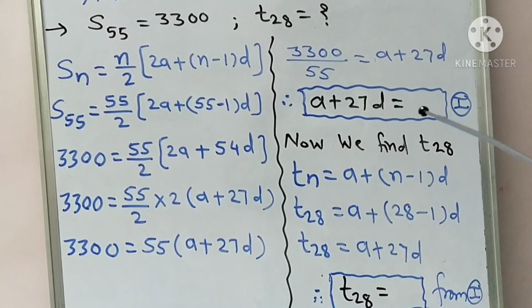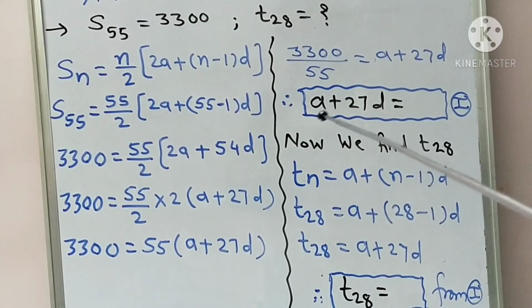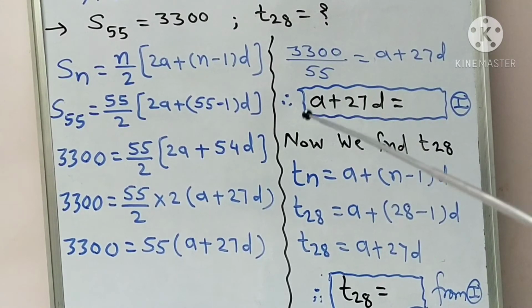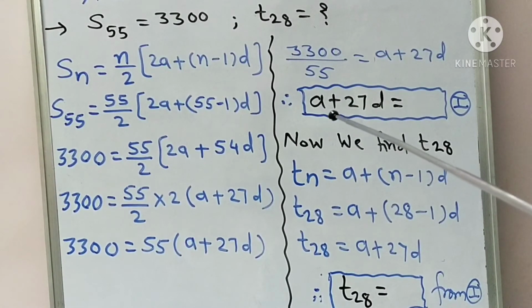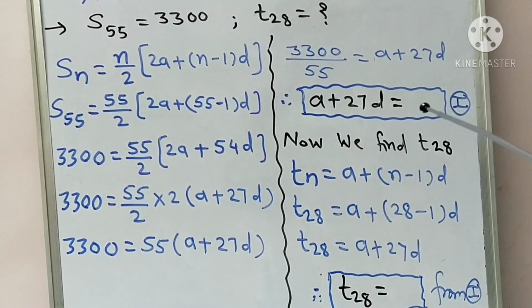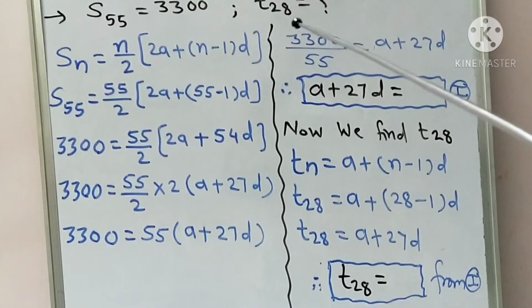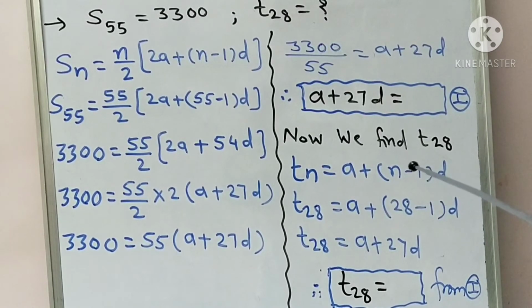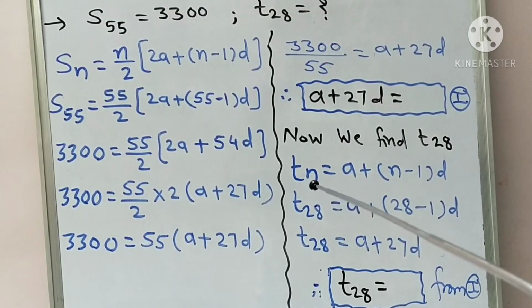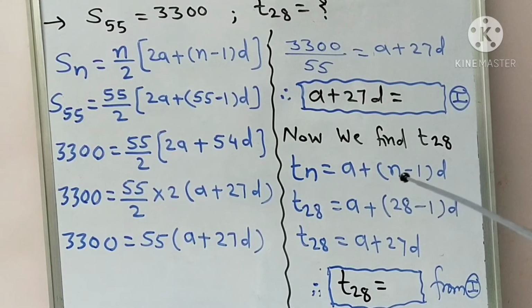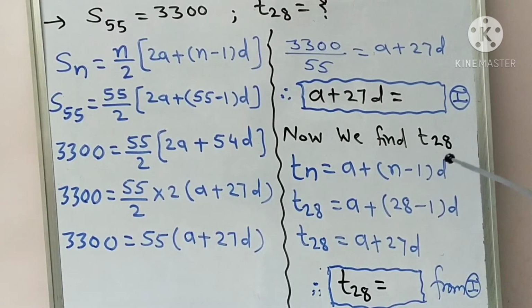Hence we get one equation here: a plus 27d equal to this division. So we get the values of a and d not separately, but in one equation form, a plus 27d equal to this division value. To find T28, now we use the formula of Tn. According to the formula, a plus n minus 1 into d, we put the value of n as 28 here.